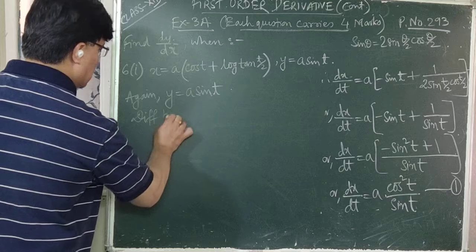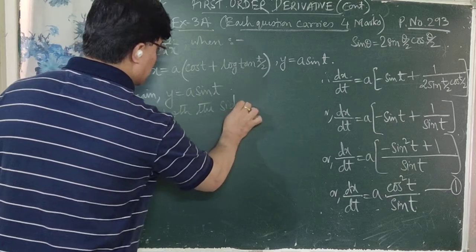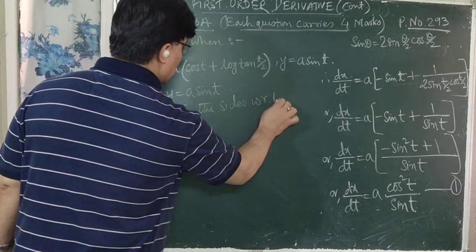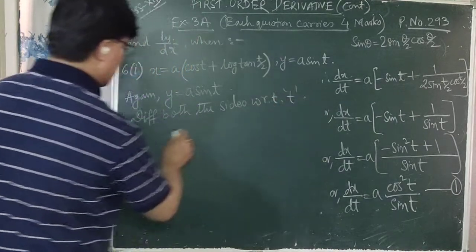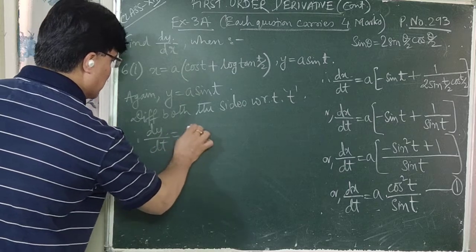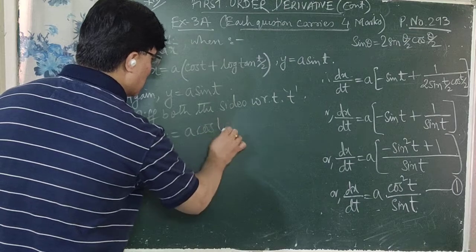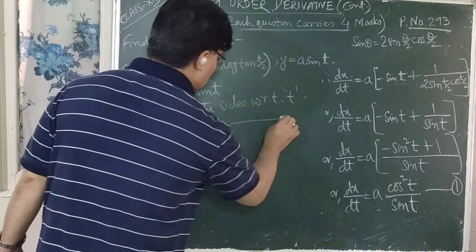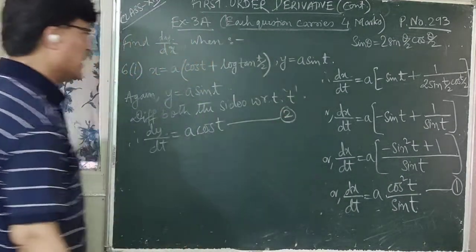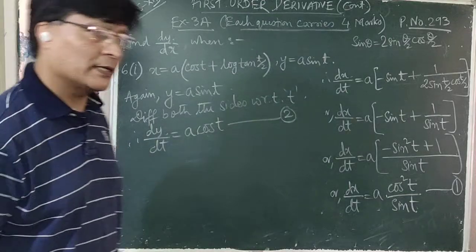So differentiating both the sides with respect to t, therefore dy/dt is equal to, a is constant, into what is the differentiation of sin t? It is cos t, right? So mark it number 2. That is, d/dt of sin t is always cos t, right?